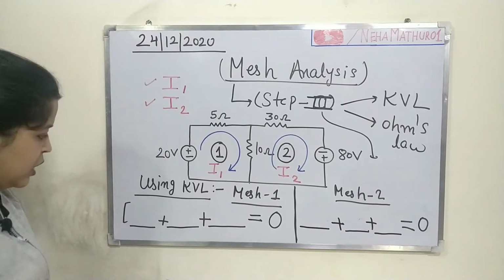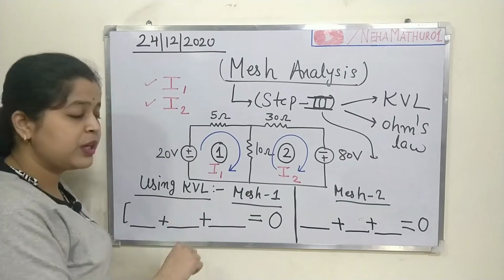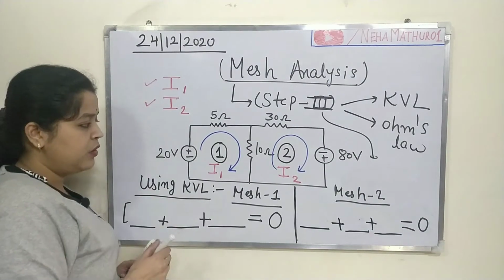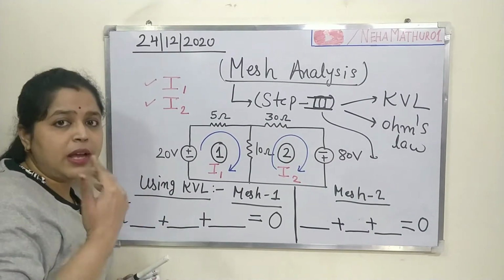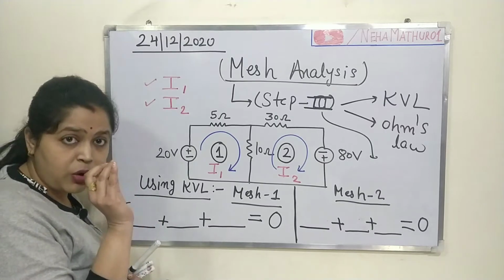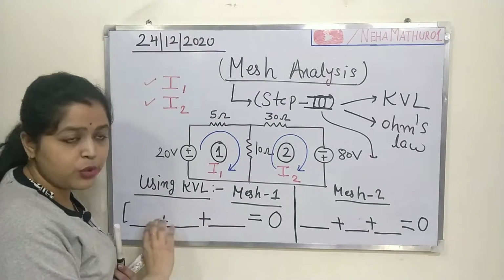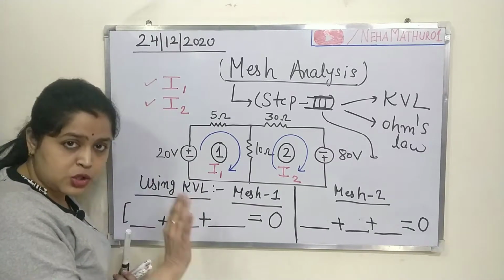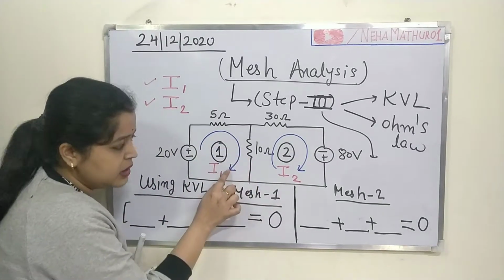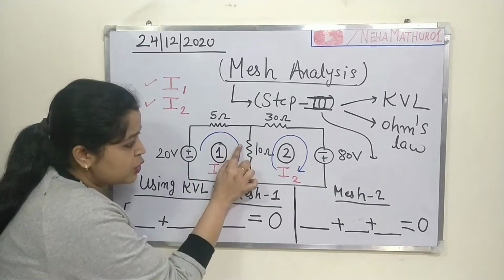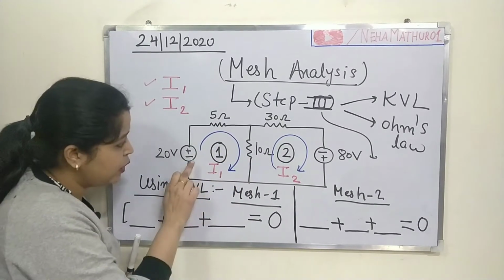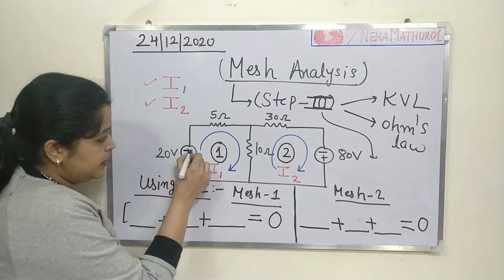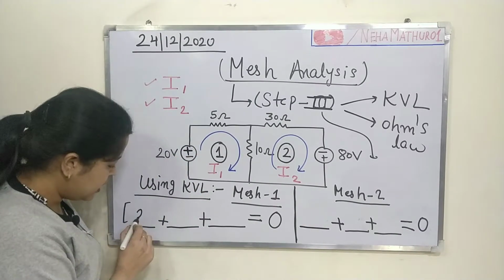Now the task is, what are the terms we are going to write over here? So always make it your habit that whenever we are going to write the equation, we will definitely start from the battery. So in the journey of this closed path, if you are starting from this battery, then the battery is of 20 volt.